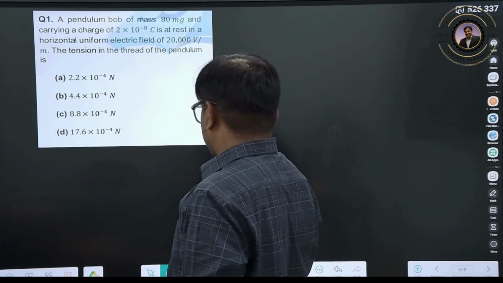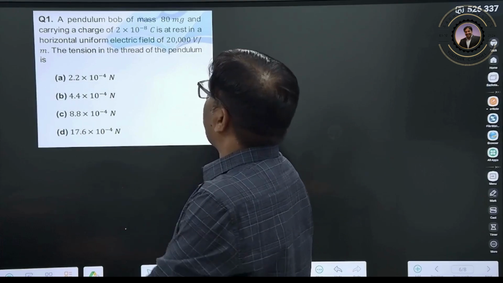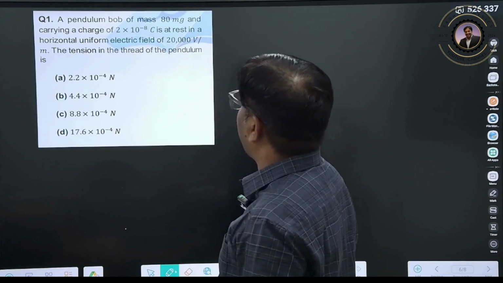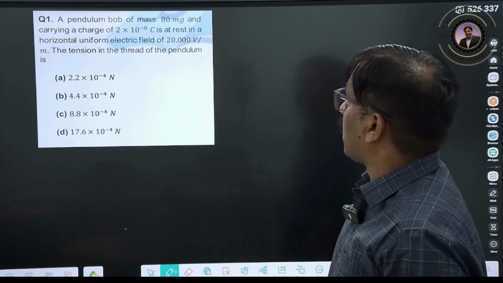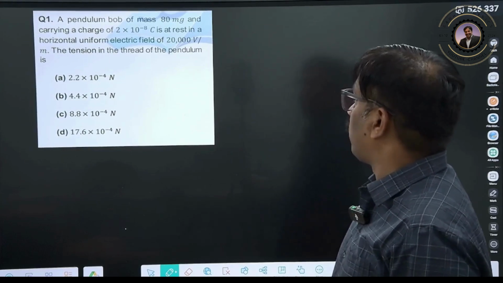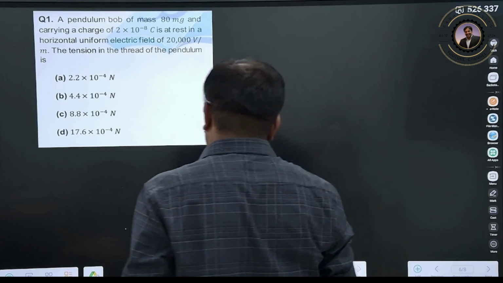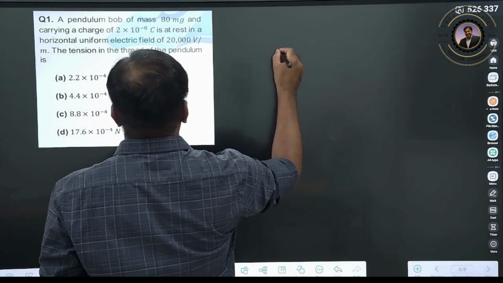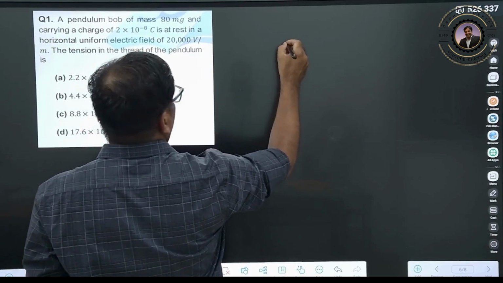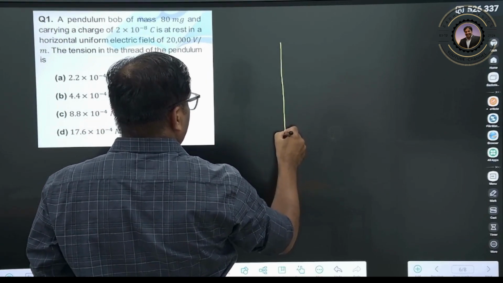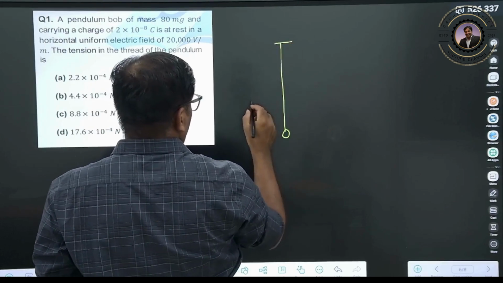Now, let us see. Here a pendulum of mass 80 milligram carrying a charge is at rest in a horizontal uniform electric field. We want to calculate the tension. There is one pendulum having a charge.